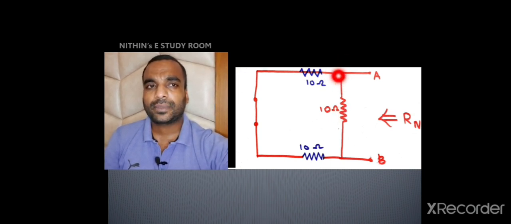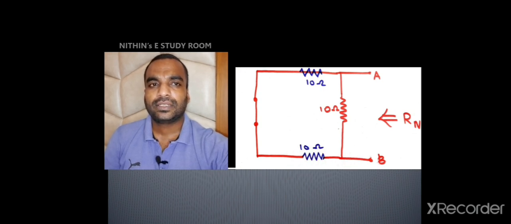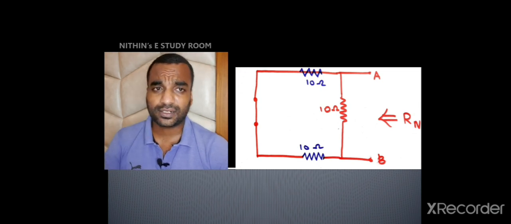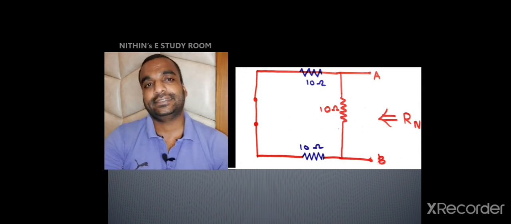Some current will enter the 10 ohm resistor like this, loop throughout the circuit and return back. So these two 10 ohm resistors, which I have drawn in blue, are in series.